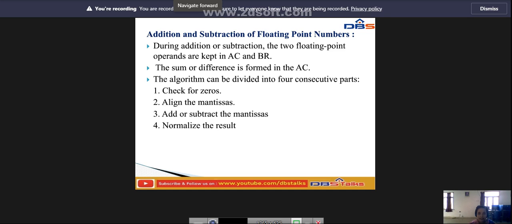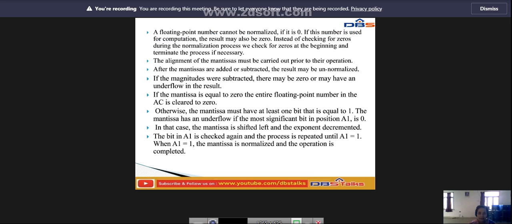A floating point number cannot be normalized if it is 0. If this number is used for a computation, the result may also be 0. Instead of checking for zeros during the normalization process, we check for zeros at the beginning and terminate the process if necessary.